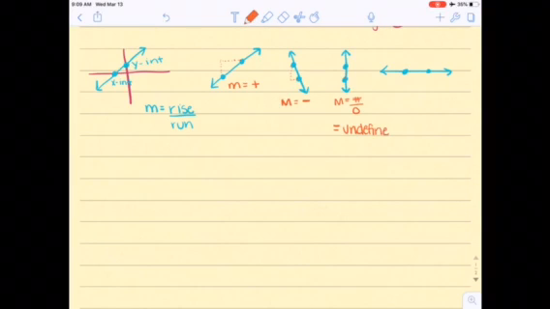So every vertical line has an undefined slope. Then to get from this point to this point, we don't have to rise, we just have to run. So we have 0 over a number, and anytime we have 0 in the numerator of a fraction, it automatically equals 0. So every horizontal line has a slope of 0. All right, that is a pretty good review.